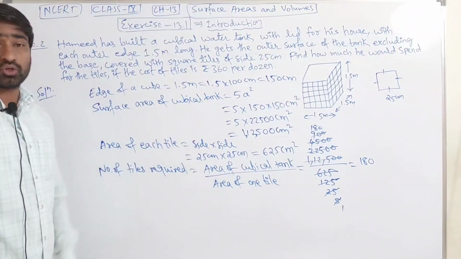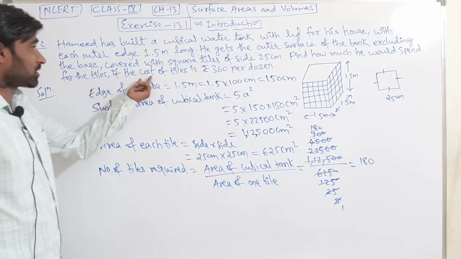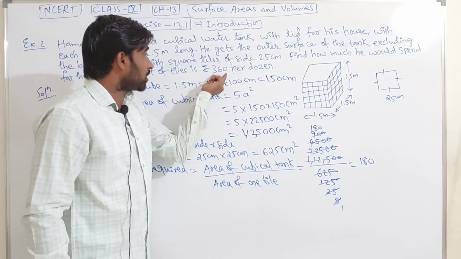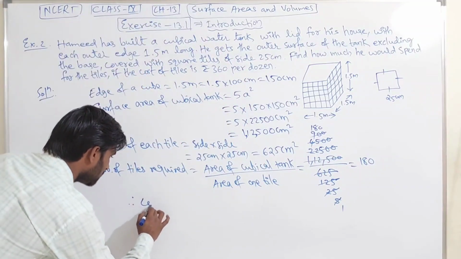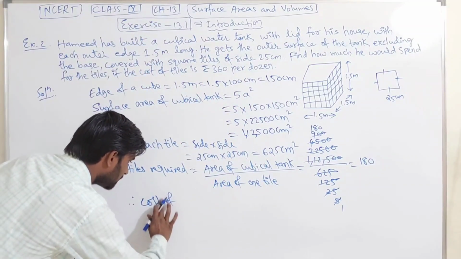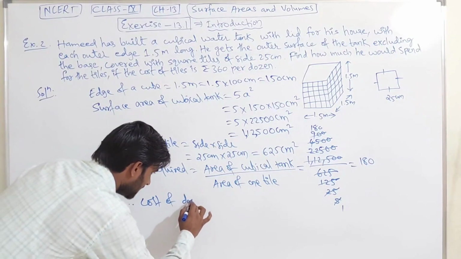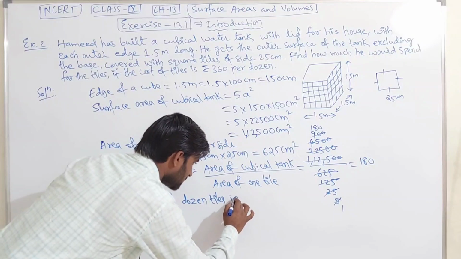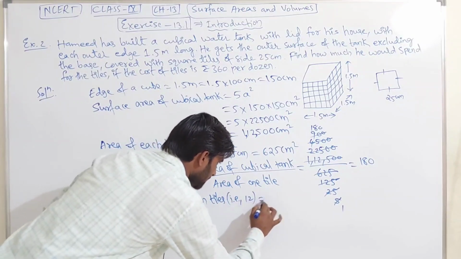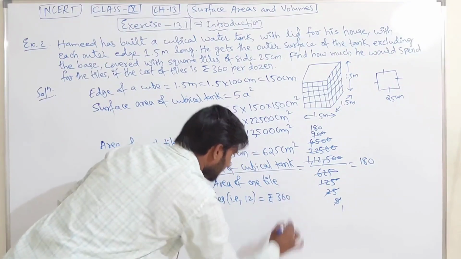So now we have to find the total cost. Already it is given, the cost is 360 per dozen, means per 12. So the cost of a dozen tiles, that is 12, is rupees 360.